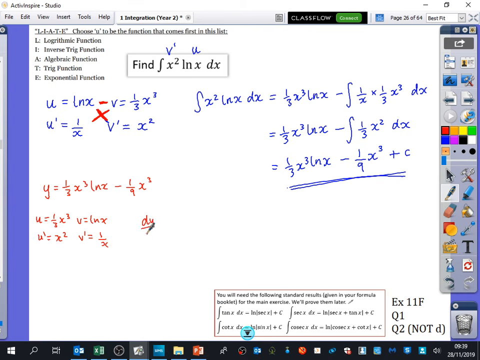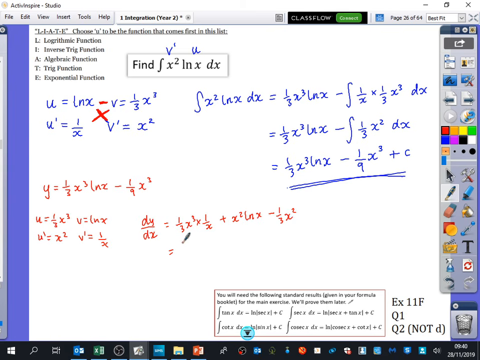So we get that dy by dx is equal to u v dash, so that's a third x cubed times 1 over x plus these two, plus x squared ln x. And then this thing here is minus a third x squared.